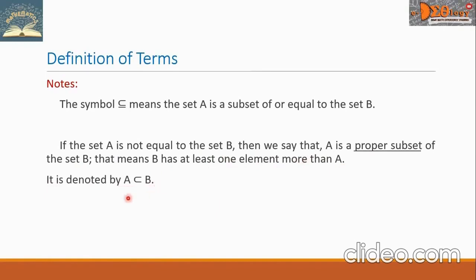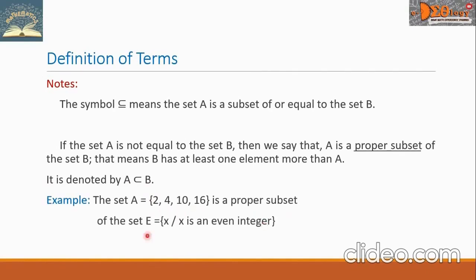And this is read as A is a proper subset of B. Example, the set A whose elements are 2, 4, 10, and 16 is a proper subset of the set E whose elements are the variable x such that x is an even integer. So we say that A is a proper subset of E.